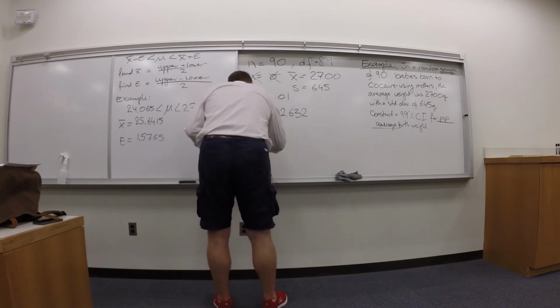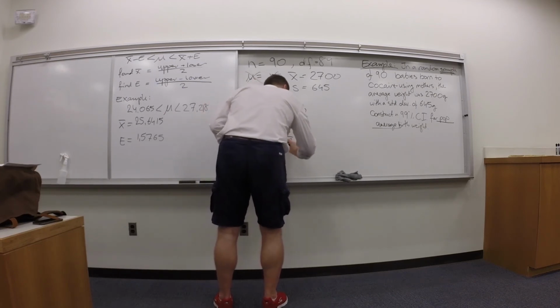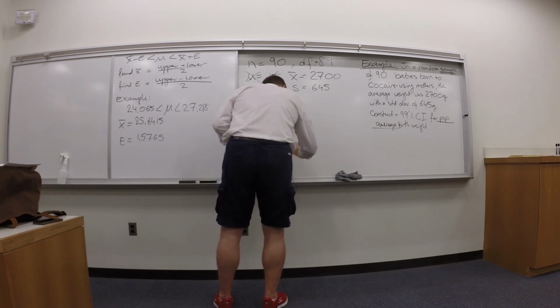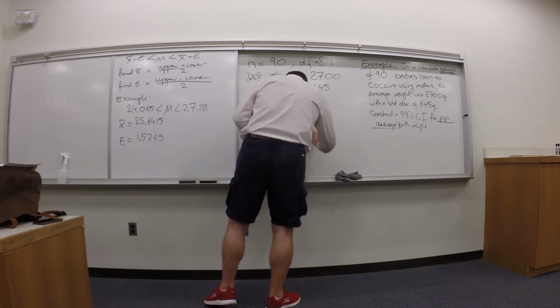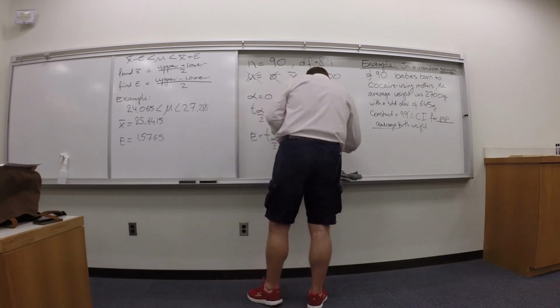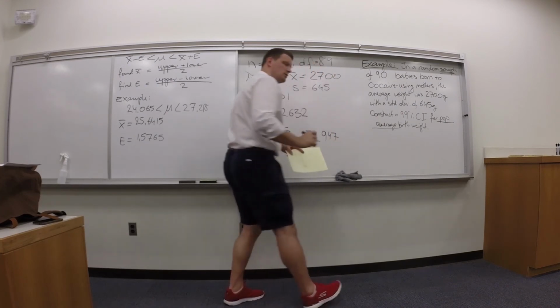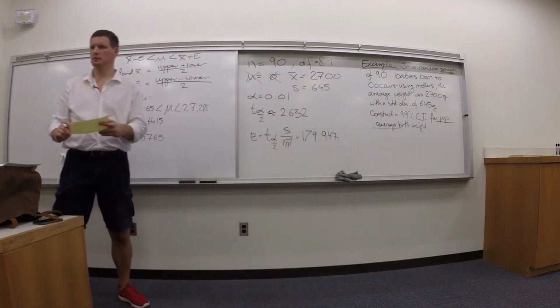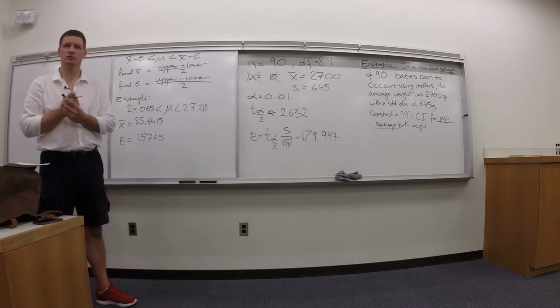So our E, defined as t alpha over 2 times s divided by square root of n, comes out to be 179.947. Right? They rounded off somewhere.